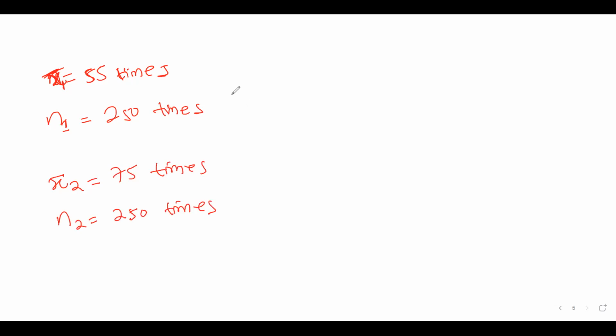Now, how do we compute the proportion that will fail? If this fails 55 times out of 250, you will get our proportion of failure. 55 out of 250, that is 0.22.